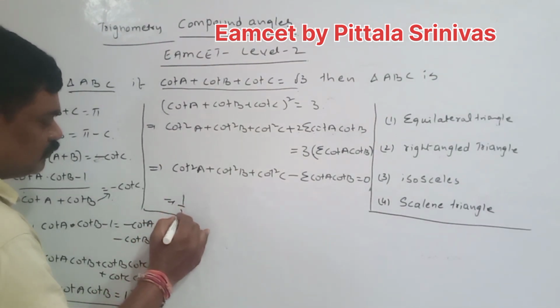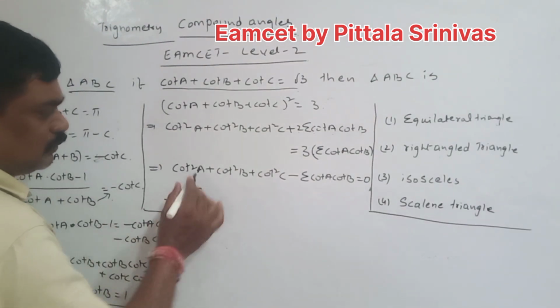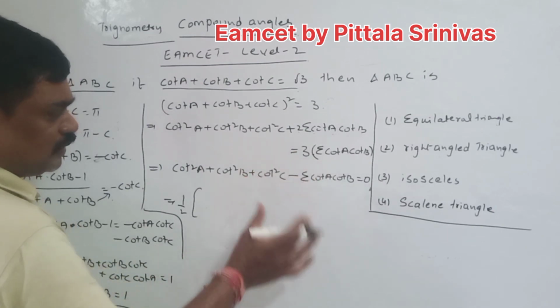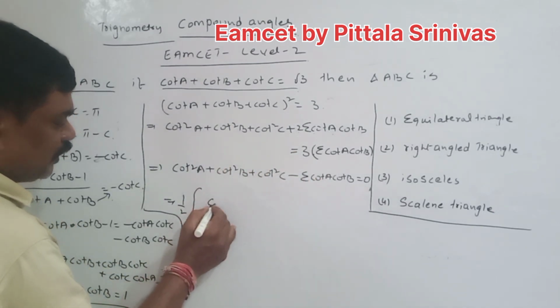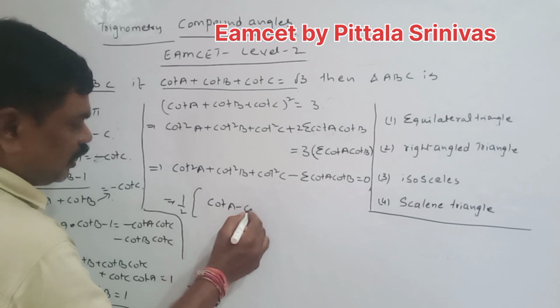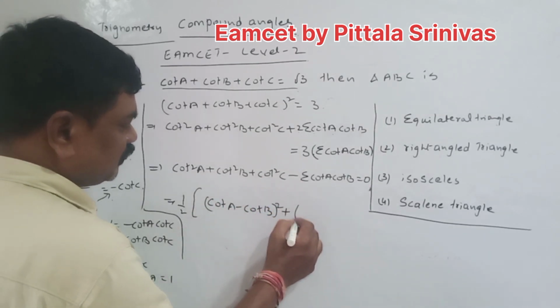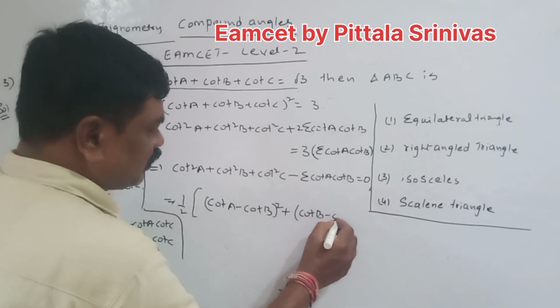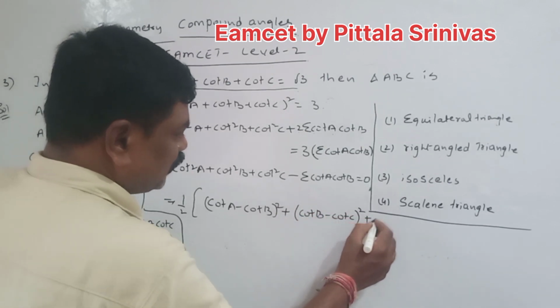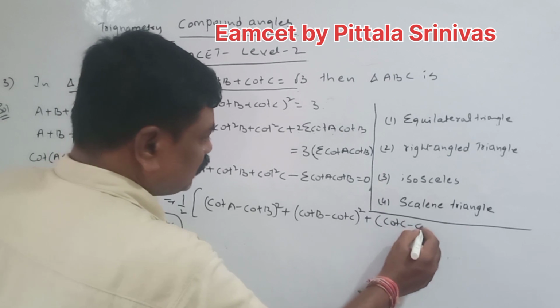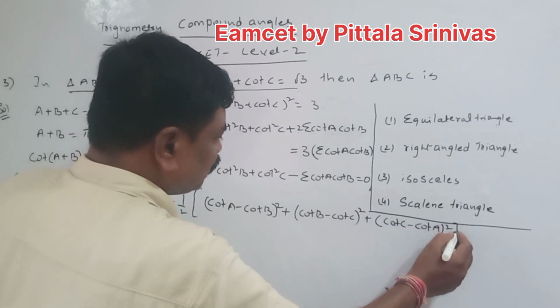What we will get? 1 by 2 of, so this multiplication and divide with 2 and simplification, cot A minus cot B whole square plus cot B minus cot C whole square plus cot C minus cot A whole square equal to 0.